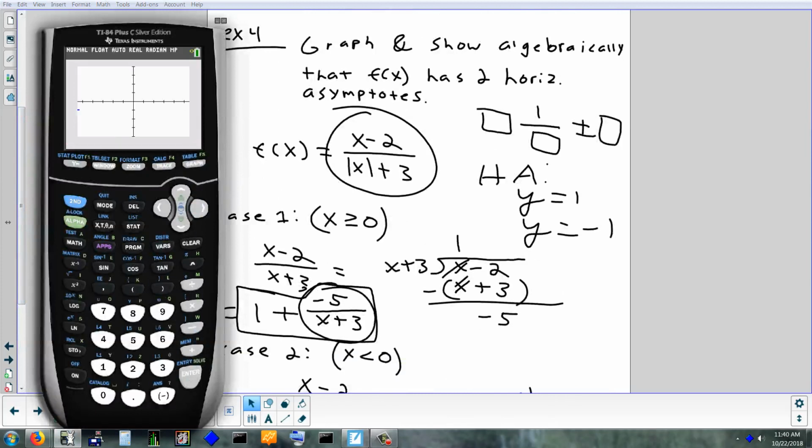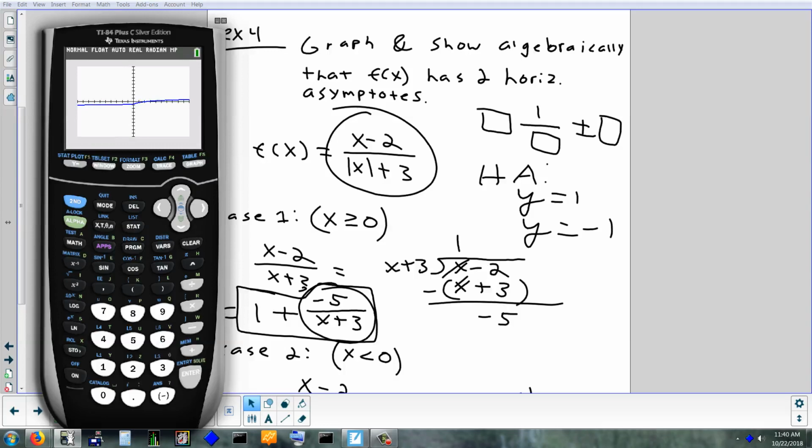All right, let's see what we got. If I zoom out a little bit so you can see a little more, it's definitely sandwiched between negative 1 and positive 1. It's never going to go above 1, never going to go below negative 1.